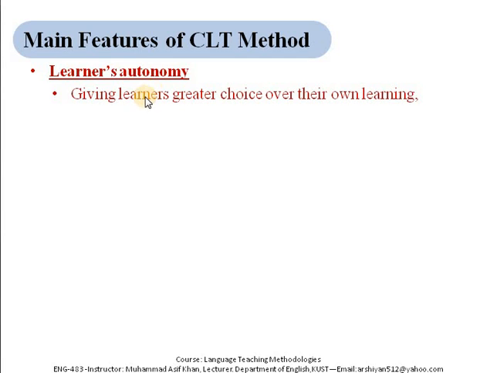So the use of small groups is one example of this learner autonomy, where the autonomy of self-assessment is given to the learner, and in this way he has a choice over his learning process.